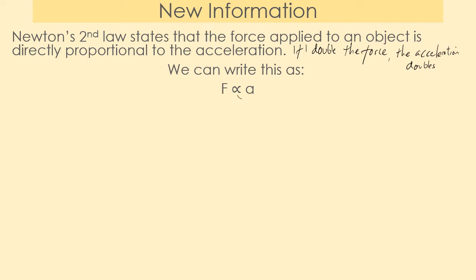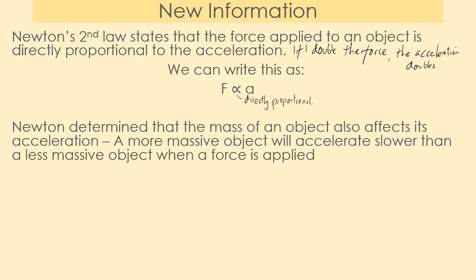This squiggle sign means directly proportional. This is really, really useful in science if something is directly proportional because it means we can calculate things a bit easier. We will have a look at the required practical in the rest of lesson 1 in your next lesson.